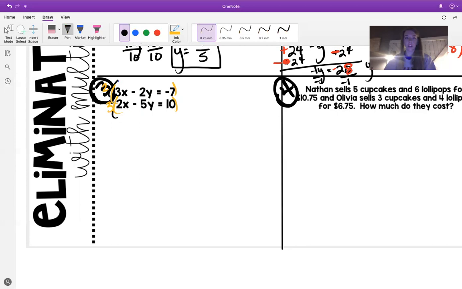Again, make sure you multiply it on both sides of the equal sign and you distribute it through to everything in parentheses. So now that's going to equal 6x minus 4y equals negative 14. And then we've got 6x minus 15y equals 30.